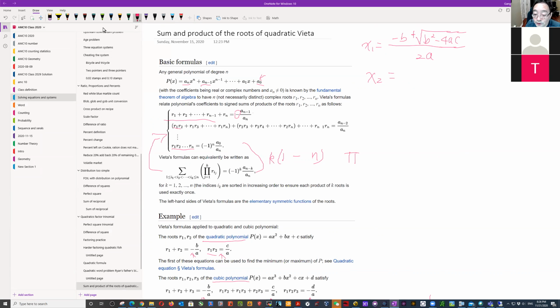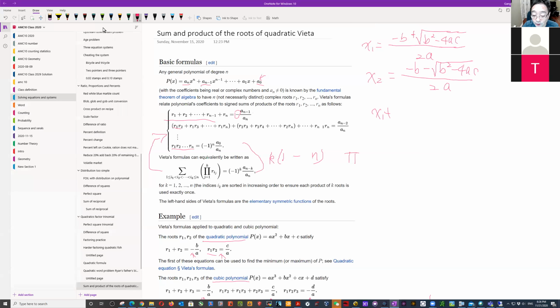So the first root is negative b plus the square root of b squared minus 4ac over 2a, and the second is negative b minus the same square root over 2a. If you add those two roots, the positive and negative parts cancel out.